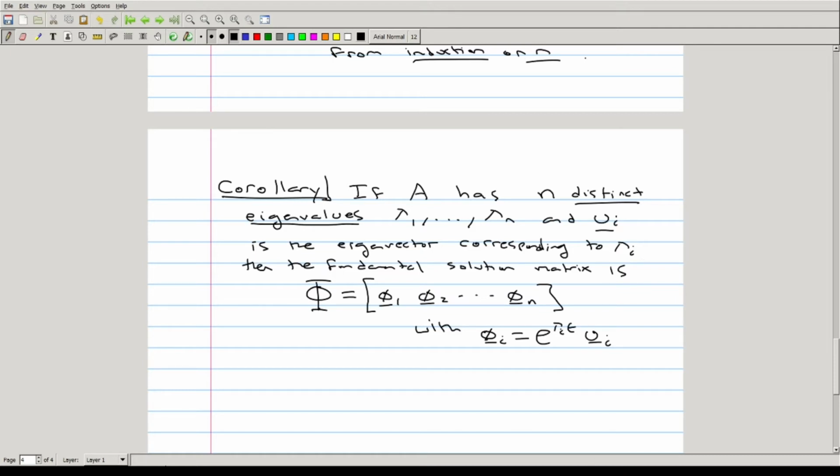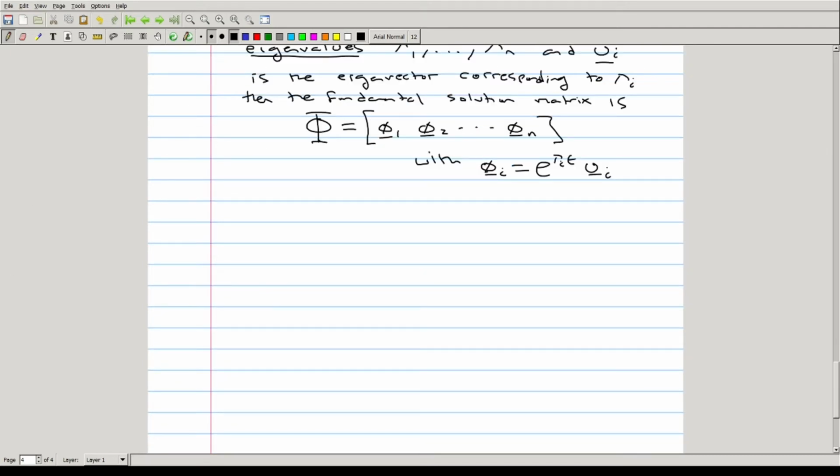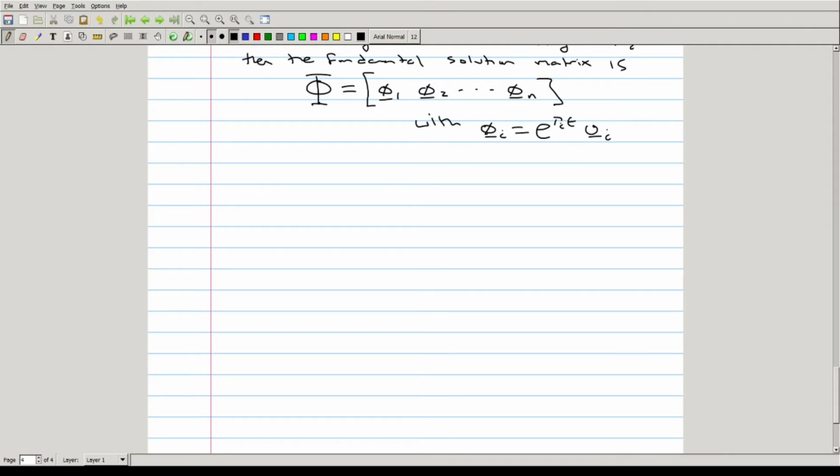And this also gives us a set of n linearly independent solutions. So let's go through and look at a couple of examples.